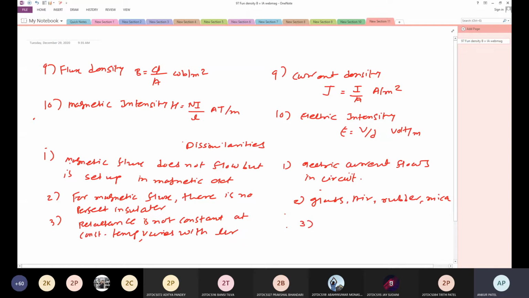Here, at constant temperature, the resistance of electric circuit is constant and its value depends on resistivity, which is almost constant. So at constant temperature, resistance is constant.